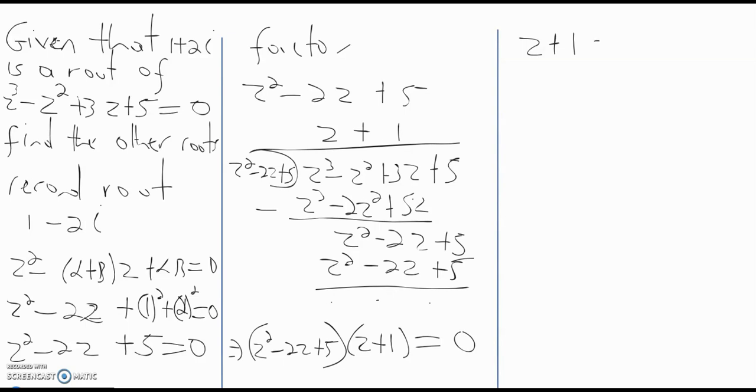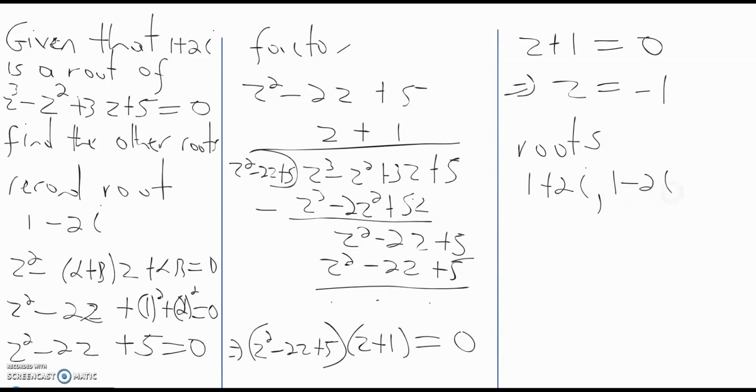So z plus 1 is equal to 0, which implies that z is equal to -1. So we now have our 3 roots. So all my roots would be 1 plus 2i, 1 minus 2i, and -1.